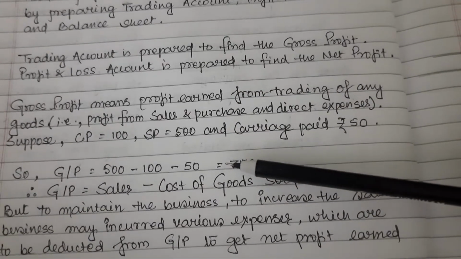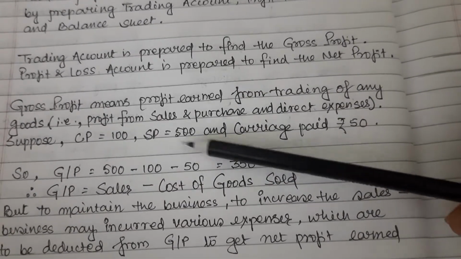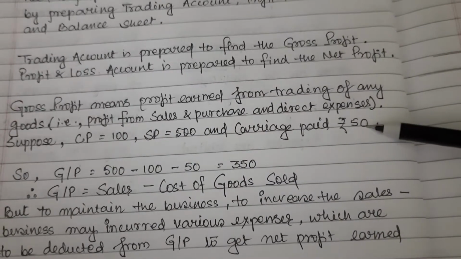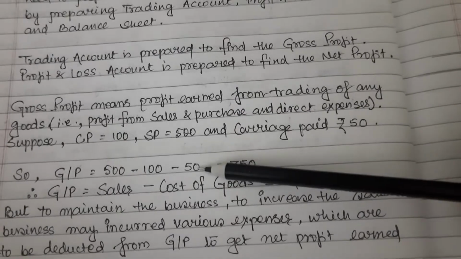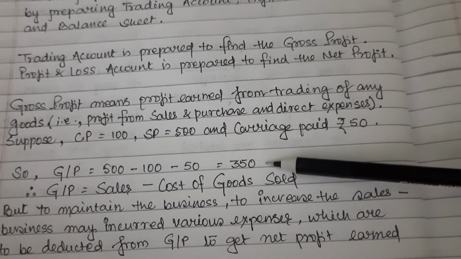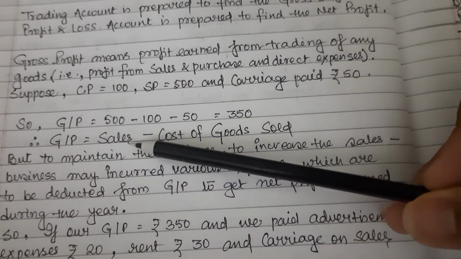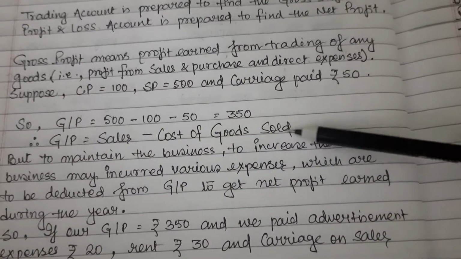So gross profit will be sale price minus cost price, obviously, but since you have paid carriage, you have to deduct carriage also to get your gross profit. So gross profit means sales minus cost of goods sold.